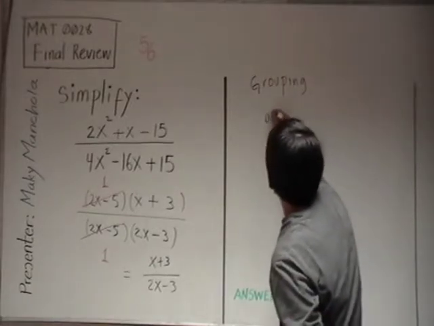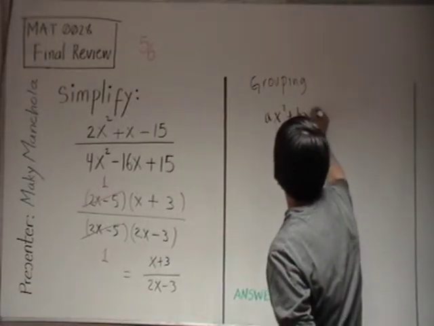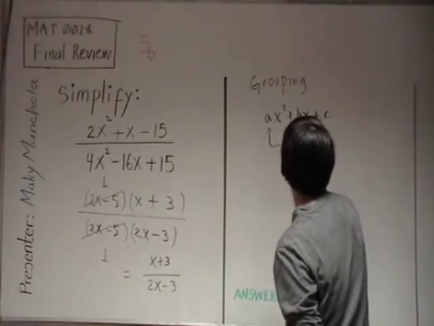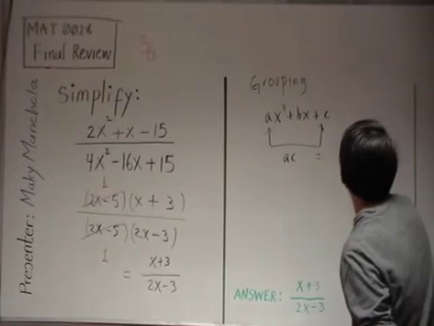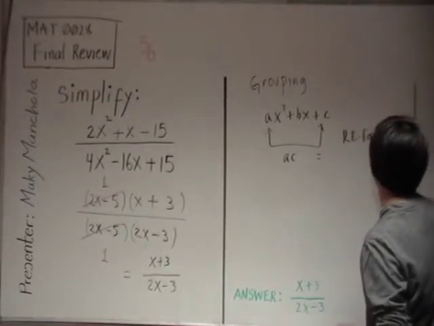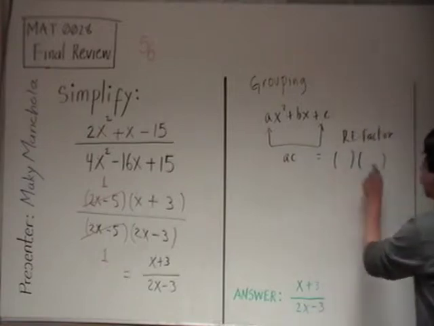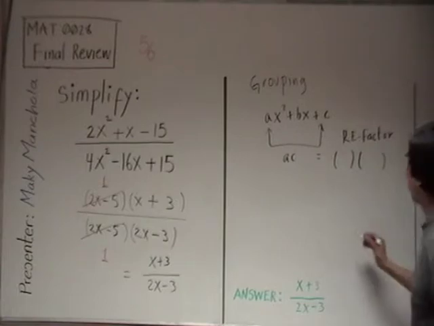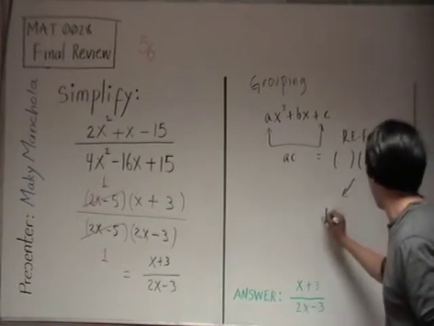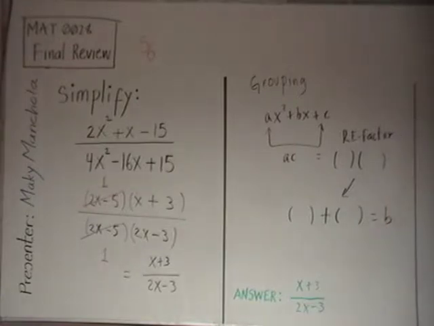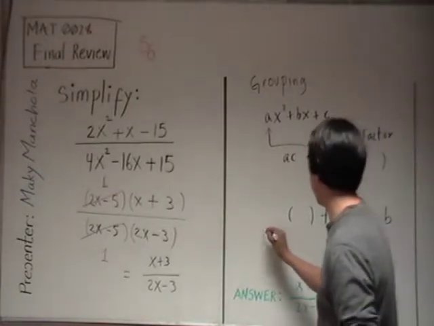So it goes as follows: ax squared plus bx plus c. First step, you multiply ac, then you refactor it into two factors that combined give you b. Then you split the middle term.